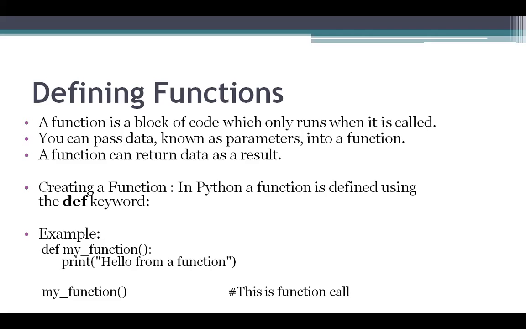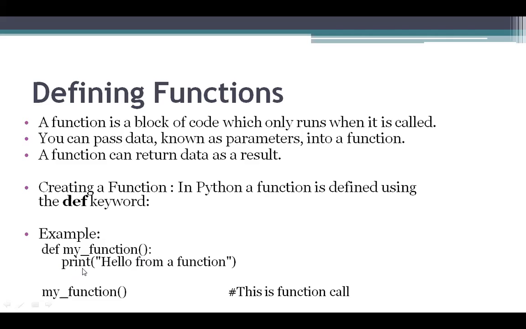And in Python, the function is defined using def keyword. Here we can see an example given here: def and the function name, and the parameter here is empty since nothing has been passed, then colon, and it is indented.